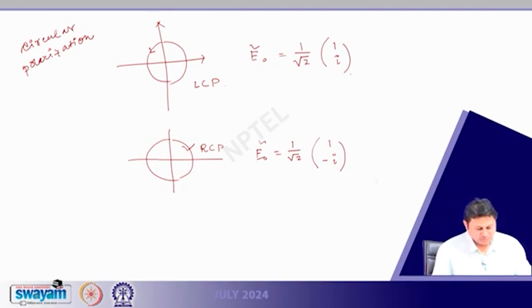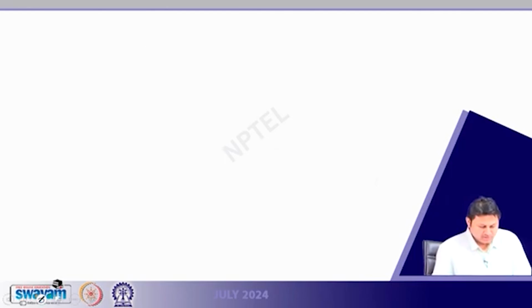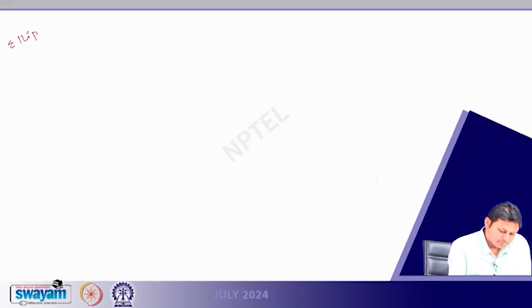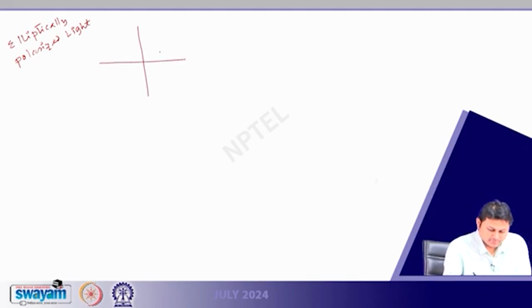Then also we can have elliptically polarized light. Let me do that on a different page. In elliptically polarized light, we have an ellipse whose major and minor axes coincide with the x and y axes.